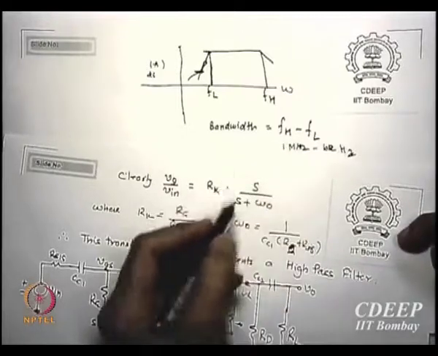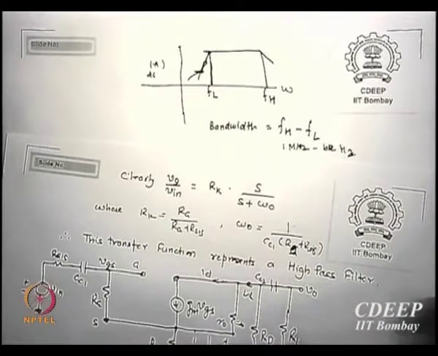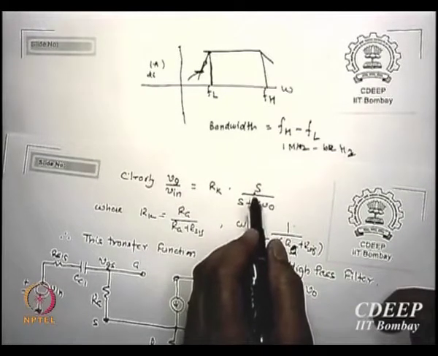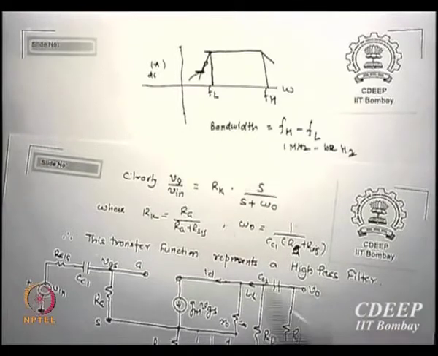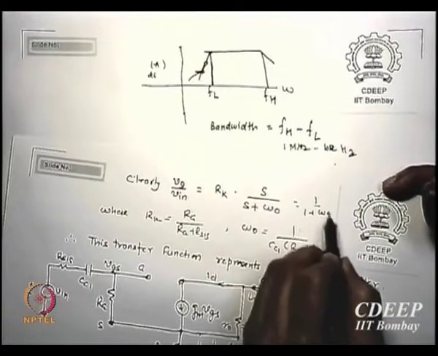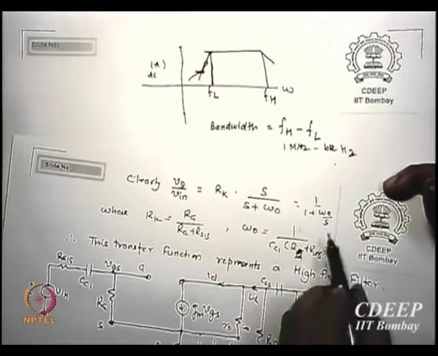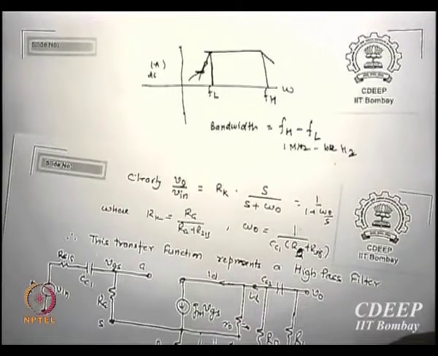This is reducing but this is rising, so the average is still rising for you. That is why it is called high pass. As S goes to infinity, it will become constant, equal to this. You can see what I am saying, it is 1 plus omega 0 by S. If S becomes very high, this will become constant.